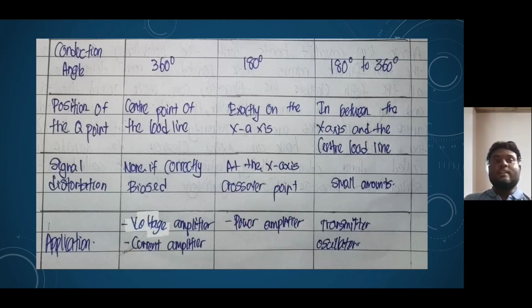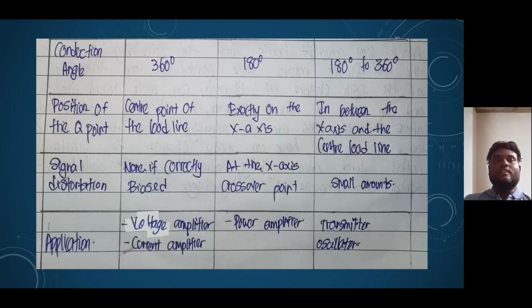The next difference is signal distortion: for amplifier A, none if correctly biased, for amplifier B, at the crossover point, and amplifier AB has small amounts.